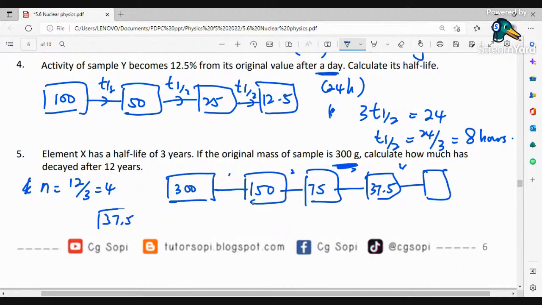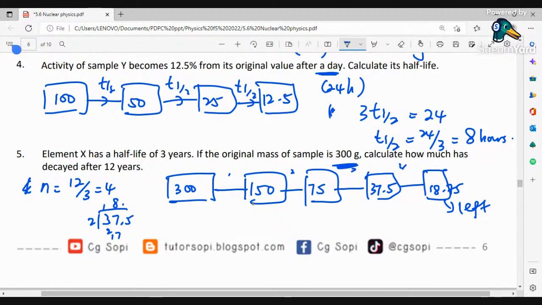You divide by 2 lah. Okay. So means ini yang tinggal. Okay, left. Yang kita catat ni yang masih tinggal.